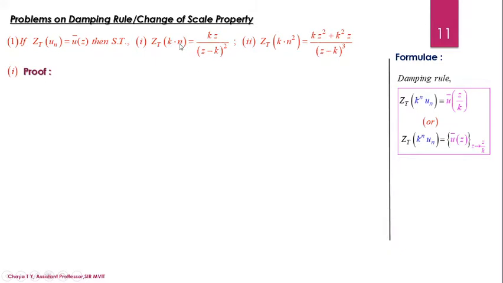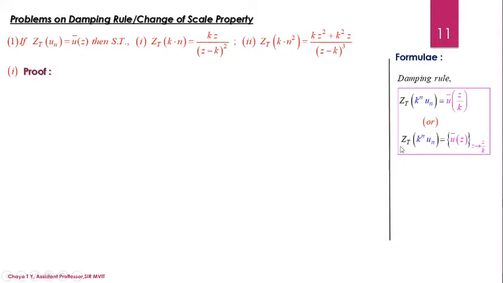So what do we have to do? I have the given problem LHS. Now observe it is of the form Z transformation of k^n n. I am going to compare the LHS with the LHS of the damping rule. So when I compare here, the sequence u_n is nothing but n. So first I have to find the Z transformation of the sequence u_n, which is the Z transformation of n.